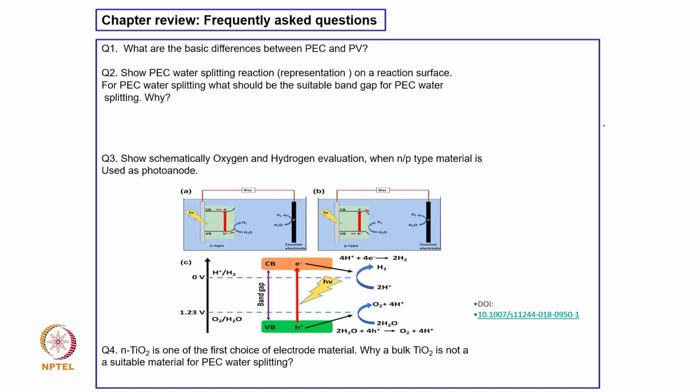If we look at the reaction surface, photons falling here produce an electron and hole, and the hole moves here, the electron moves to the other side of the surface.